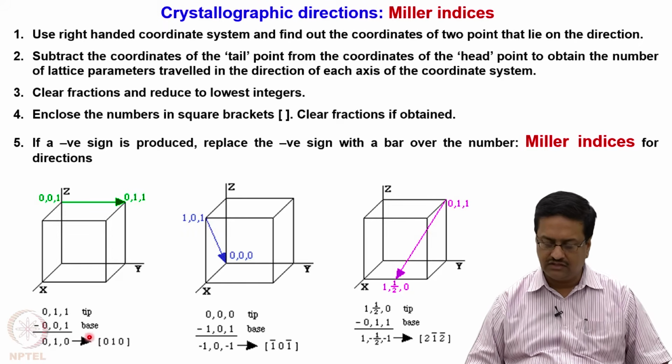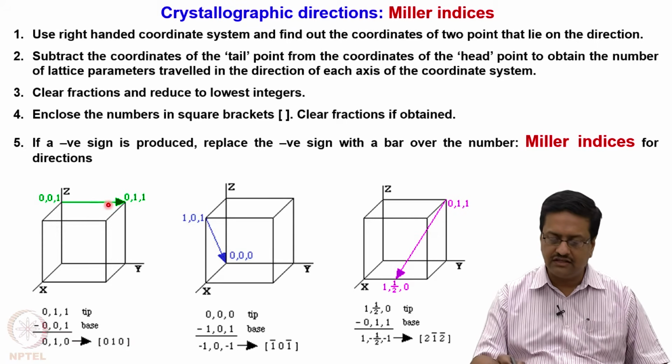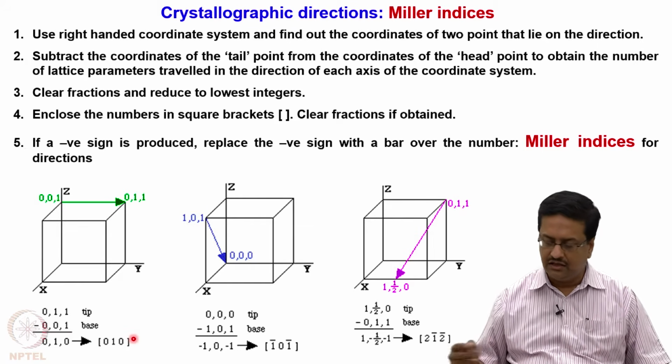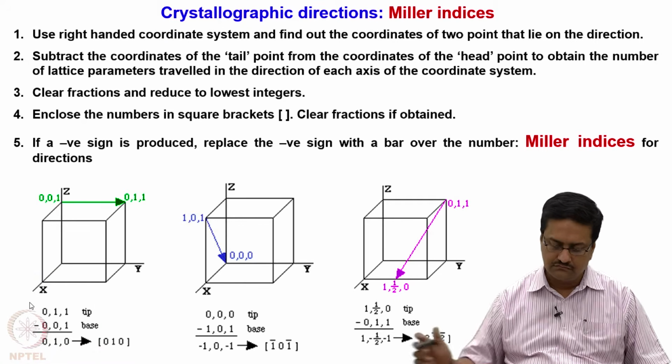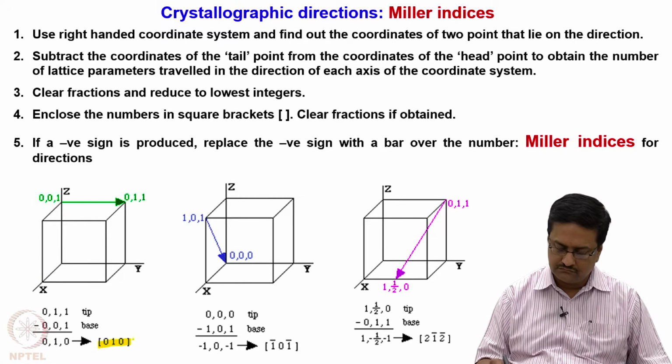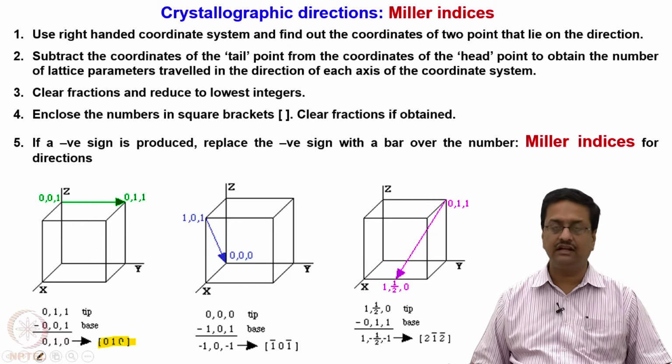So that 0, 1, 0 should be written in square brackets, and the particular direction indicated here in green is the [010] direction. So these are the Miller indices of that particular direction.